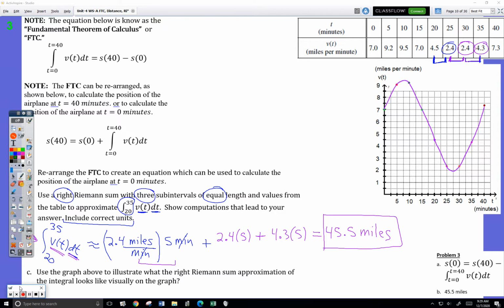Okay, 2 points for the root. It says use the graph to illustrate what the right Riemann sum would look like. Again, it's as simple as just thinking about what you did.